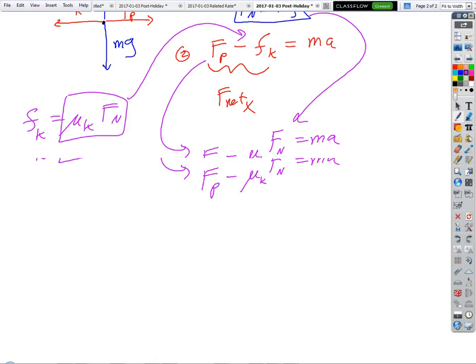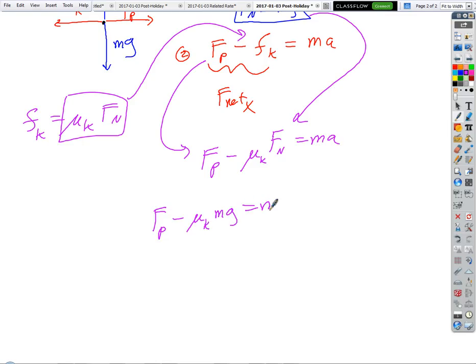So we end up with F sub p minus mu times mg equals ma. We know all of those; the only thing we don't know is a. What do we have to do to isolate a? Divide by m.